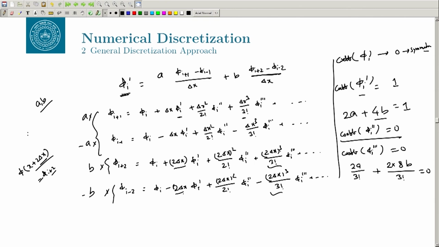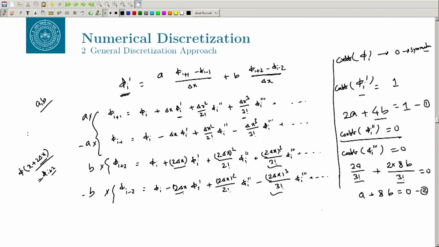So, now you have A plus 8B equal to 0. So, 2A plus 4B equal to 1 and A plus 8B equal to 0. I can call this equation 1 and this equation 2. I hope I have not made any mistake. The factorial 3 can get away, and this is A plus 8B.